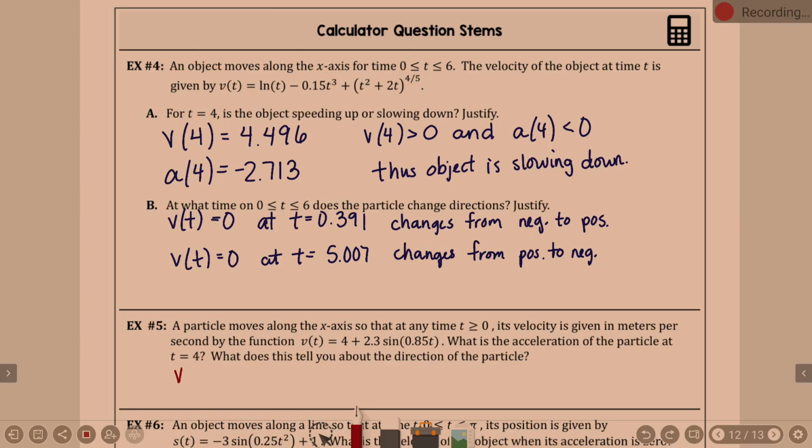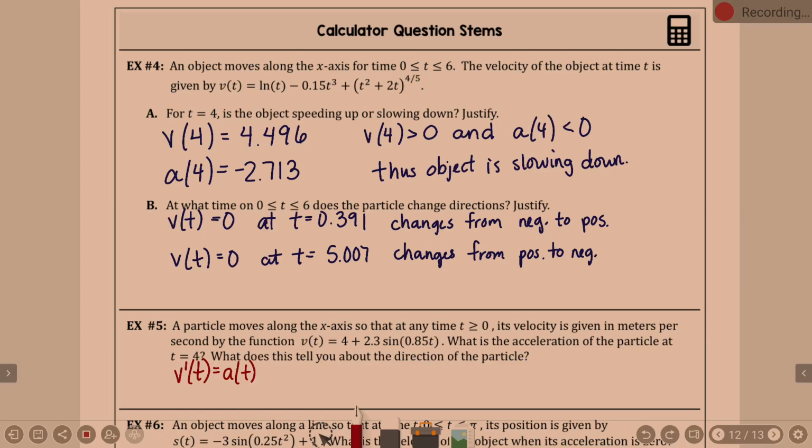Derivative. It is the derivative of velocity. Now, do you have to find the derivative by hand? No. I will say in the last one, it was beneficial to type it into Y1, wasn't it? Because we used it a couple of times. This time, the only question is this one, so you could get away with just using nDeriv and typing the equation directly into there if you wanted.